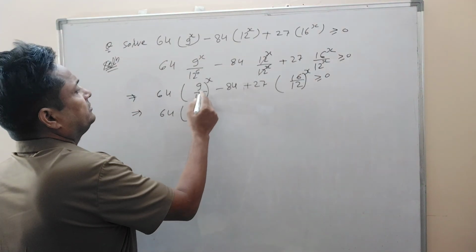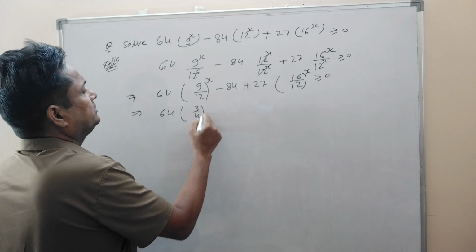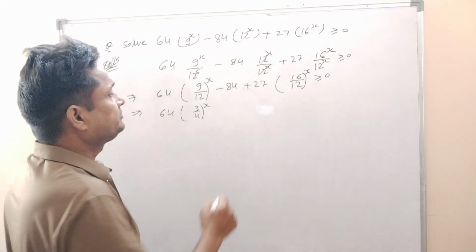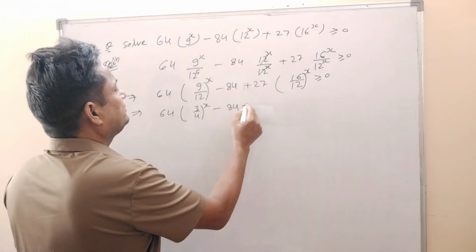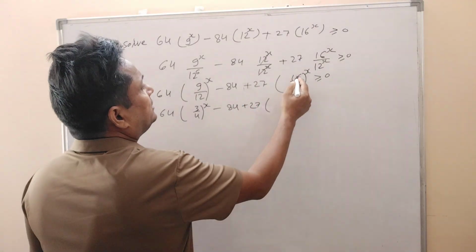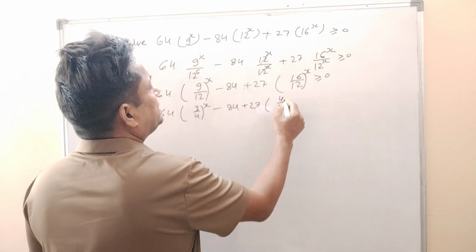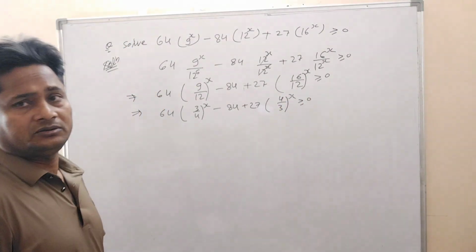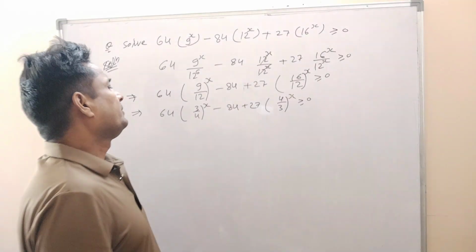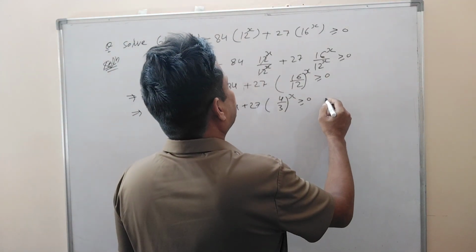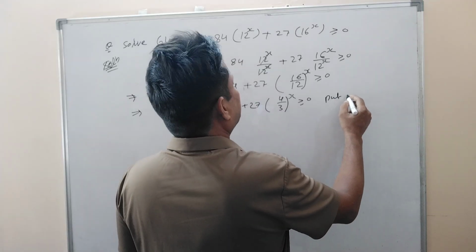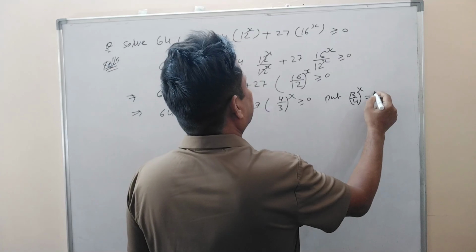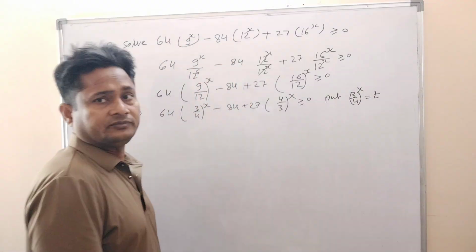Now this can be written as (3 by 4) to the power x, because this will cancel out by 3, minus 84 plus 27 times (4 by 3) to the power x, greater than or equal to 0. Now substitute here, put (3 by 4) to the power x equal to t.